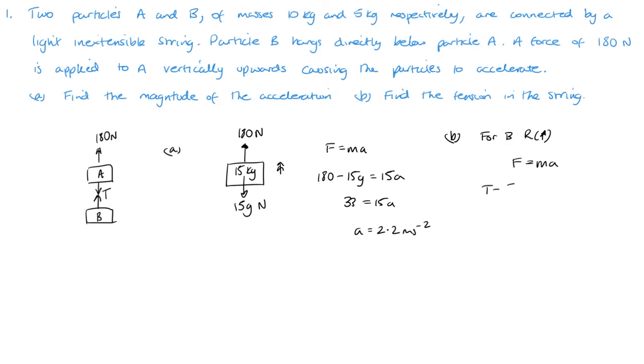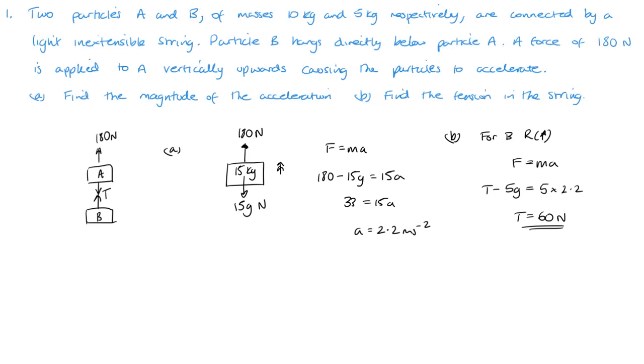B was 5. So T minus 5g equals 5 times 2.2. So T equals 60 newtons. And it would be the same had I done it the other way.